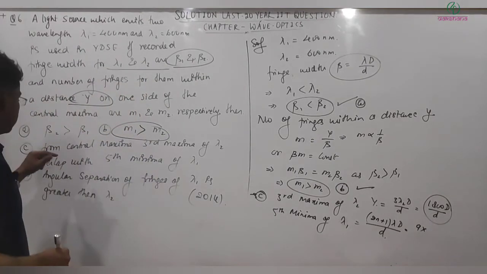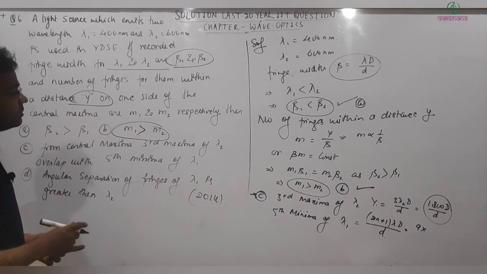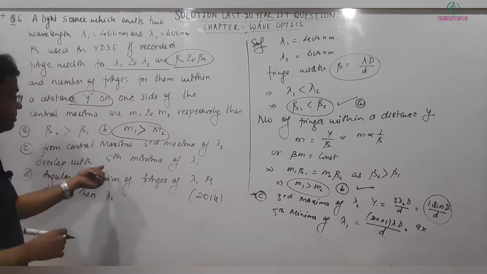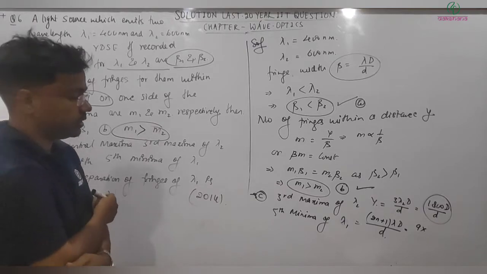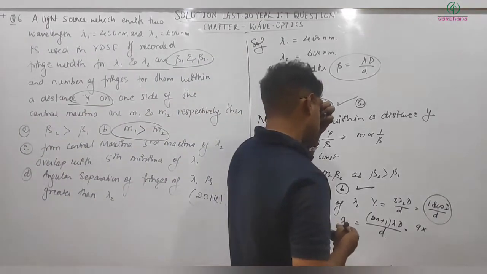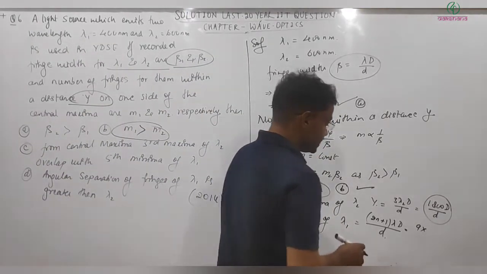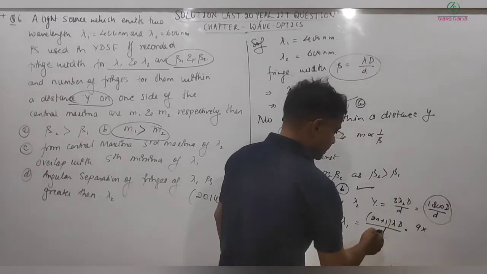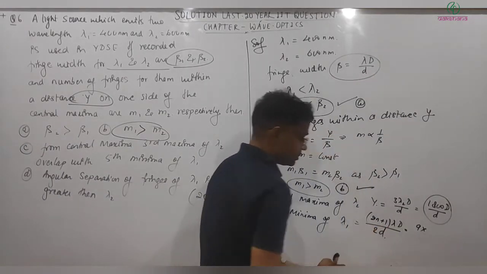Just one second, from central maxima, third maxima of lambda 2, and fifth minima of lambda 1, fifth minima. So n is equal to 4, divided by 2 is also there here.